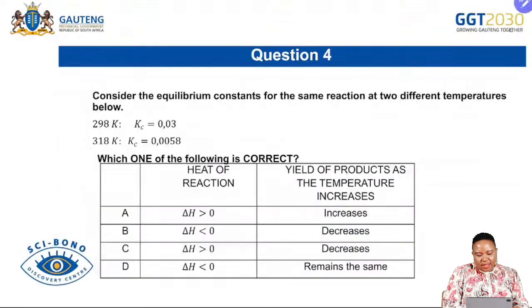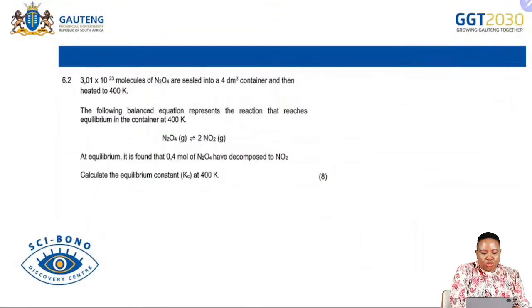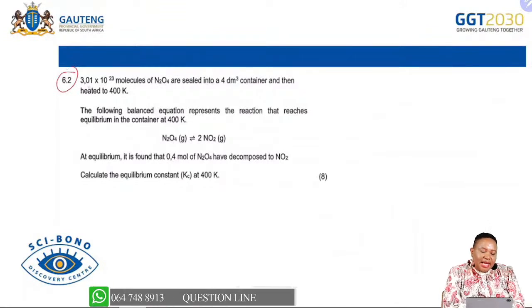Now, when you look at this question here, because this is the one that I wanted us to do, which is 6.2. It says 3,01 times 10 to the exponent 23 molecules of nitrogen tetraoxide are sealed into a 4 cubic decimeter container and then heated at 400 kelvins.